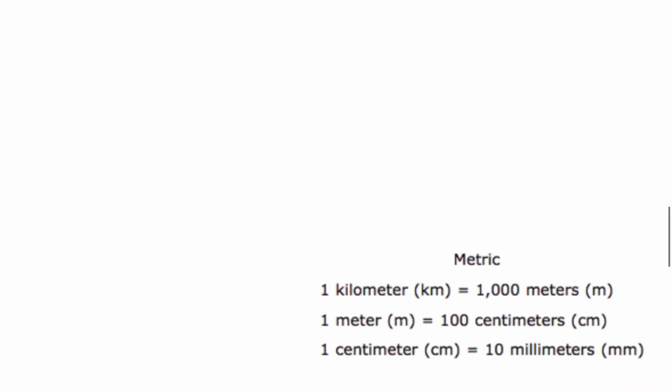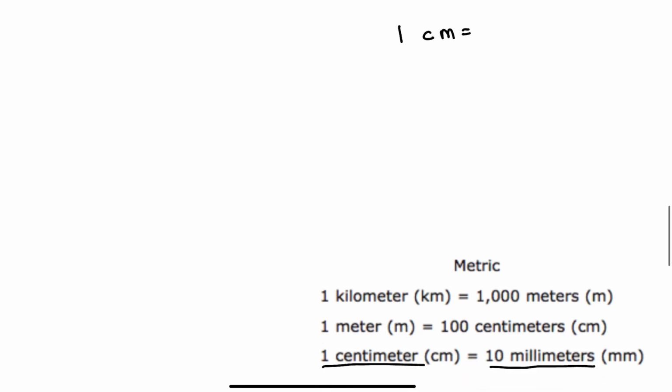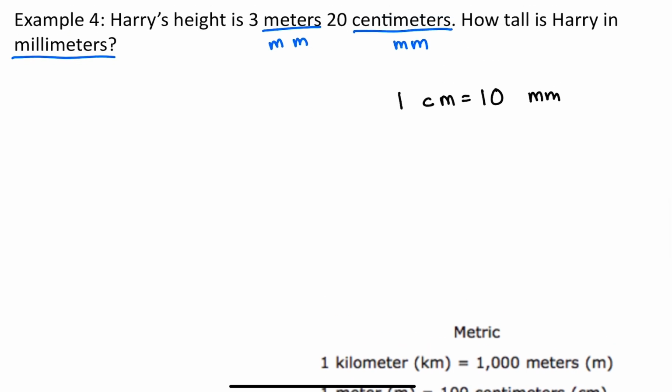So let's go down here at the star chart. I have millimeters and centimeters right next to each other. So I know 1 centimeter equals 10 millimeters. So that's going to go for this one because this one has centimeters and millimeters, okay?